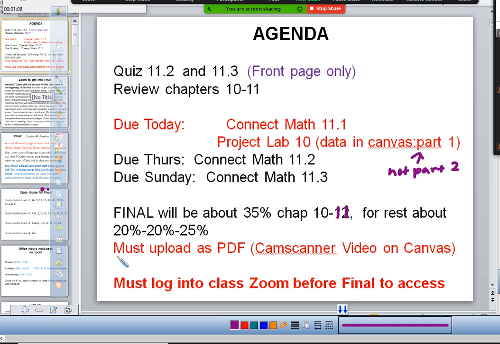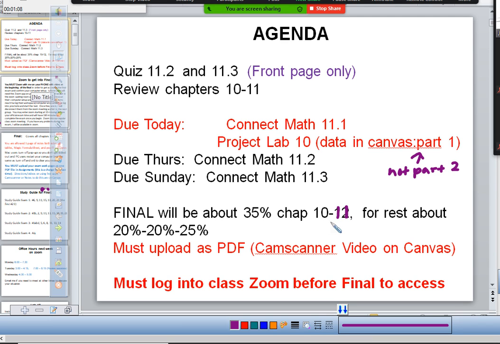To help you figure that out, I'm going to have you upload your notes for chapters 10 and 11. To get credit for your notes, you're going to take a picture of every page with your phone or whatever device you want, or scan them in some way, and save them all as one PDF.